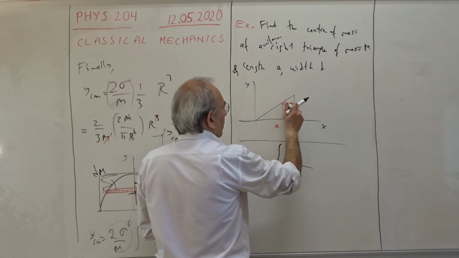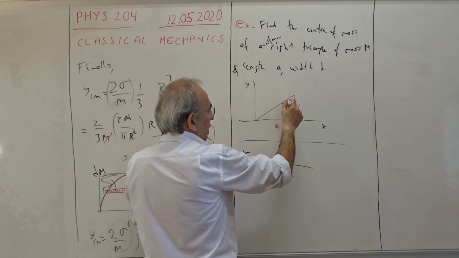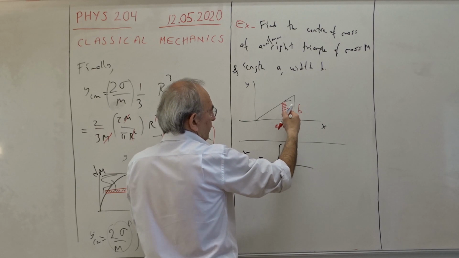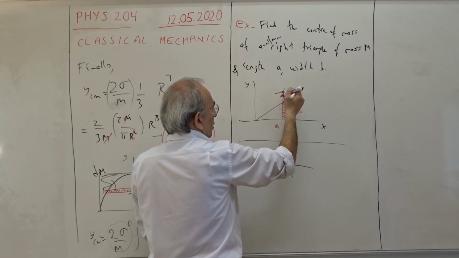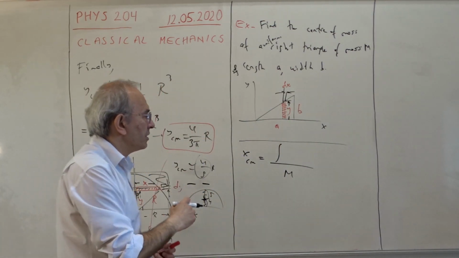Now we are interested in these. So that this strip has the length y and the thickness dx. So the area is y times dx.